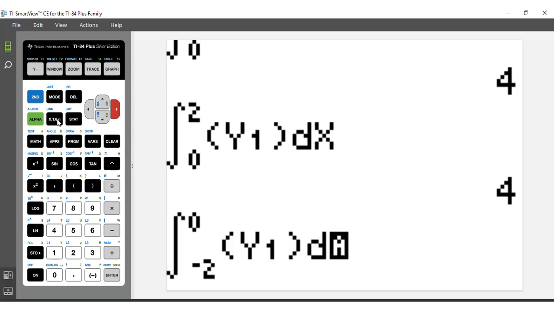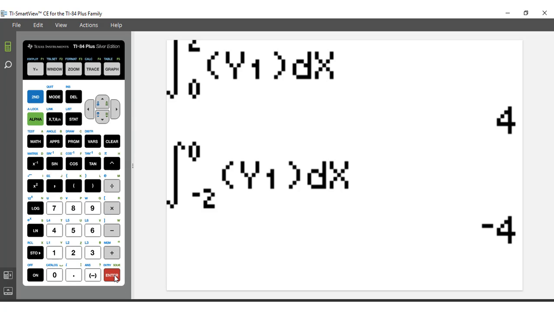And then here's x. You see, you get -4. In other words, we cannot say the definite integral is an area under the curve. You could say the definite integral means signed area under the curve.